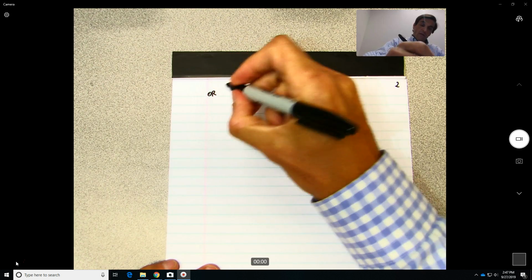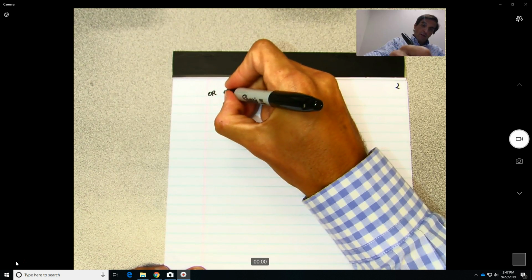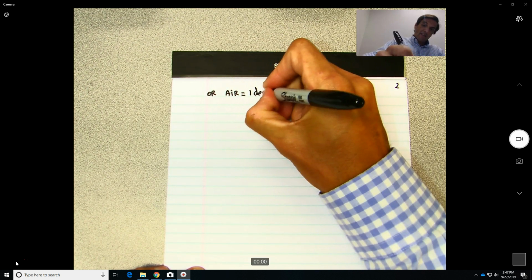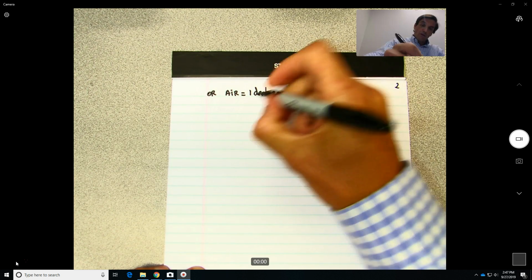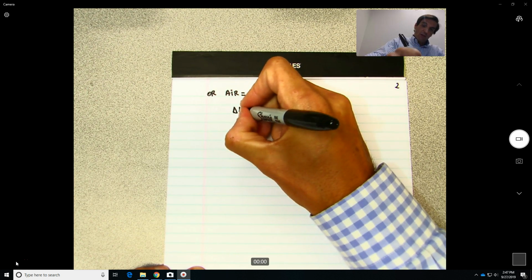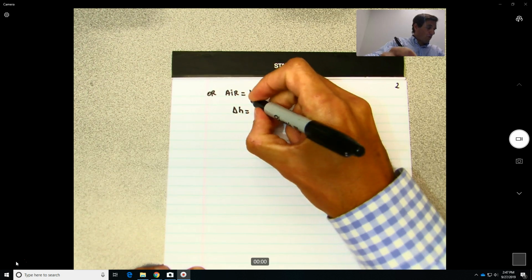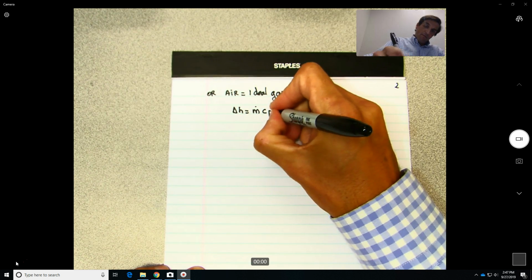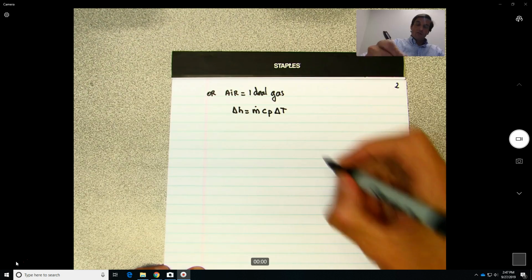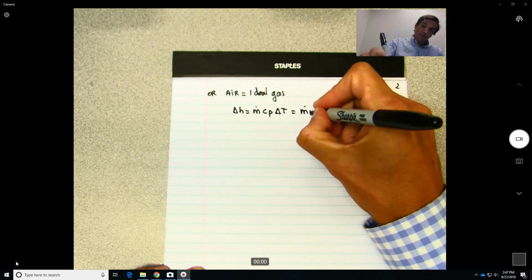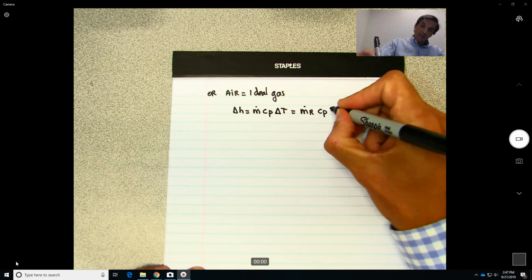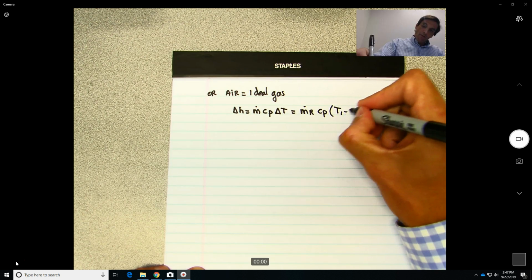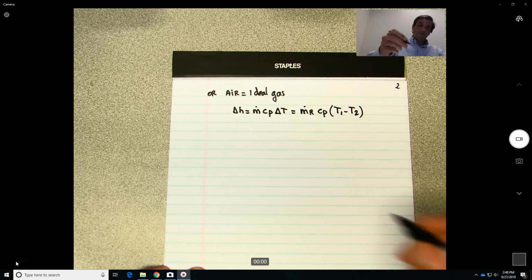Knowing that the air is an ideal gas, we could say that the change in entropy will be equal to M Cp delta T. So in our case, it would be the mass flow of refrigerant times Cp times T1 minus T2.